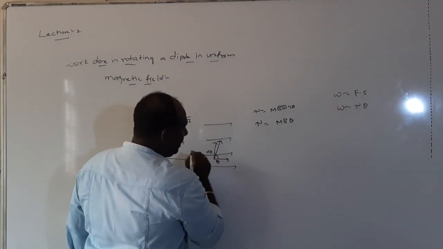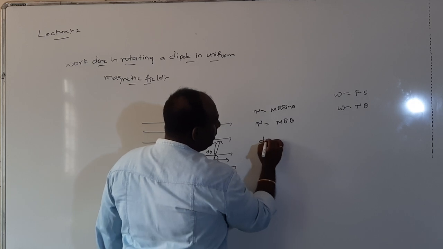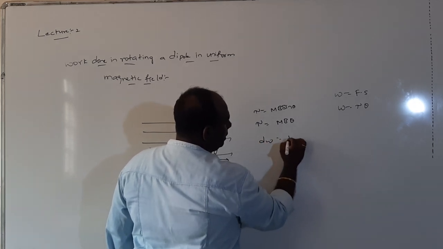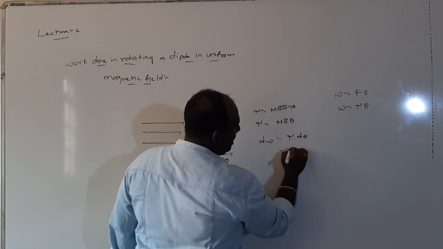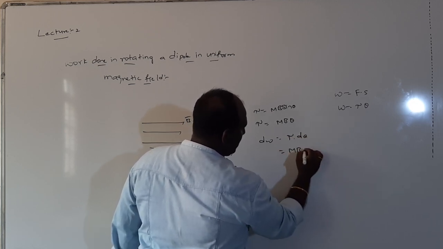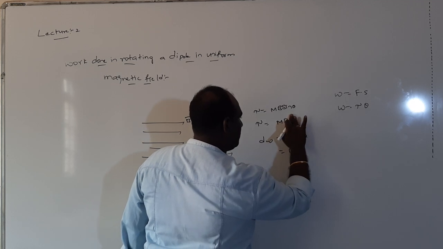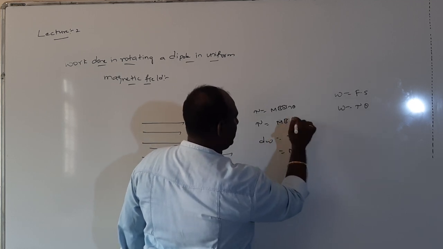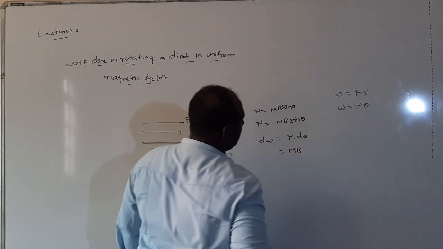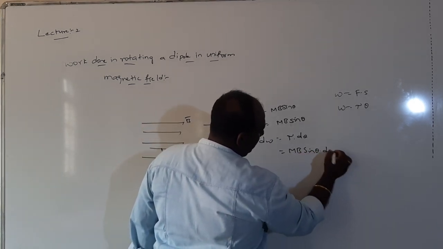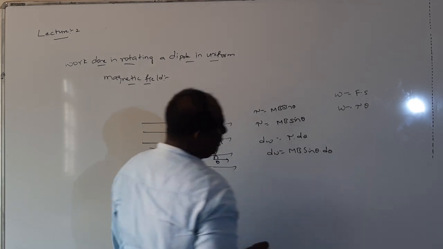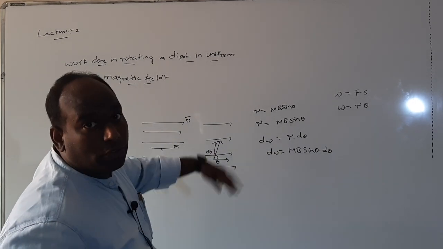So if I rotate through a small angle d theta, then dW is equal to tau into d theta. Tau is equal to MB sin theta, so I can write dW is equal to MB sin theta d theta.